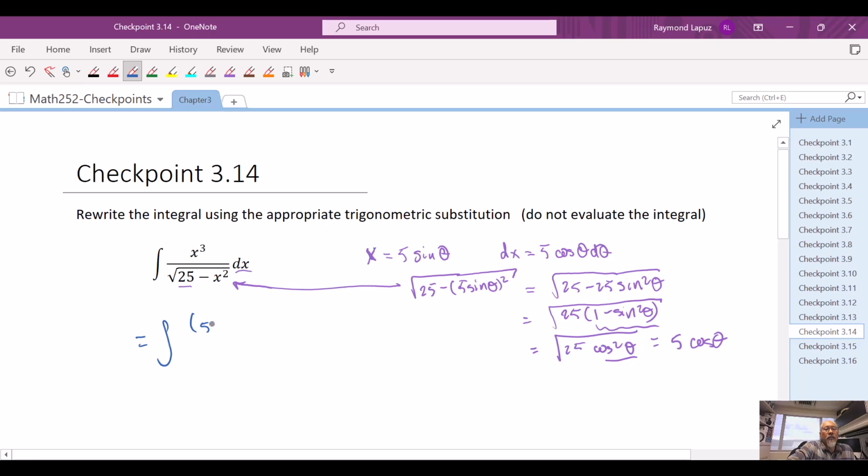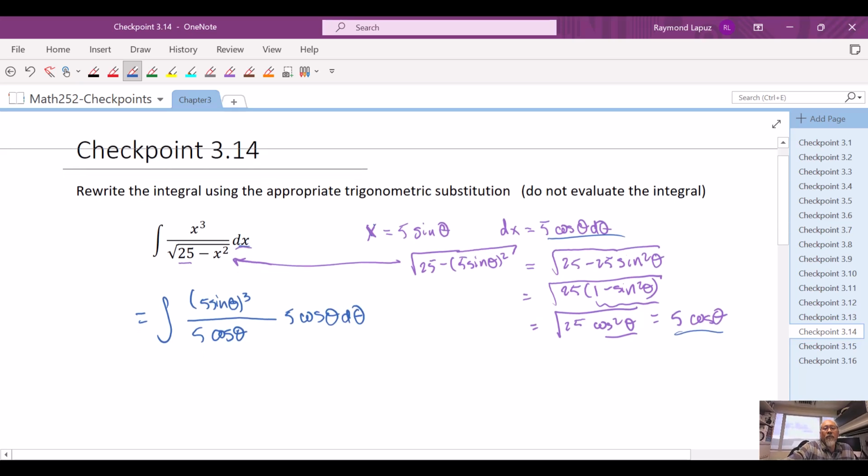So our integral will then become, we have a 5 sine theta quantity to the third power divided by, we just found out that this denominator is going to be 5 cosine theta, and then we also have our dx, and that is going to be another 5 cosine theta d theta.